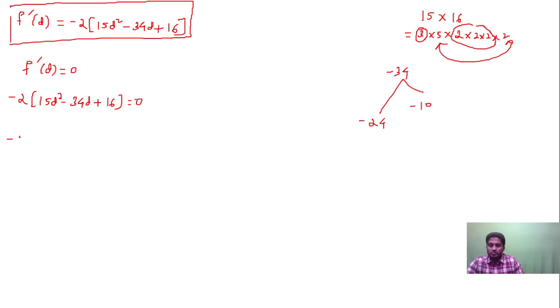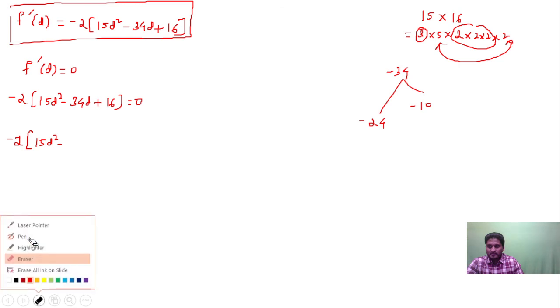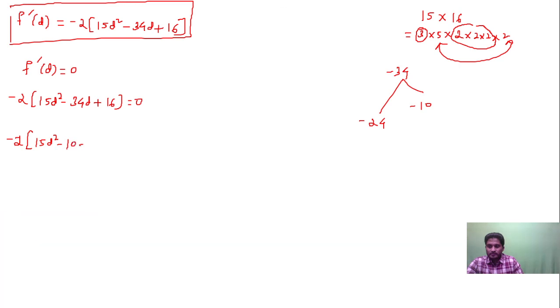So this is minus 2 into a bracket, this is 15d square minus 24d minus 10d plus 16 is equal to 0. Minus 2 is a constant, you shift on the right side.